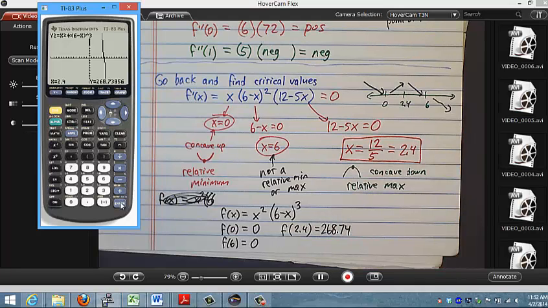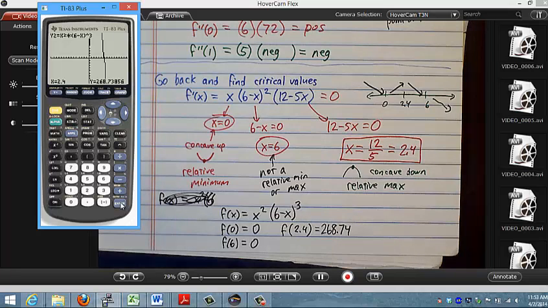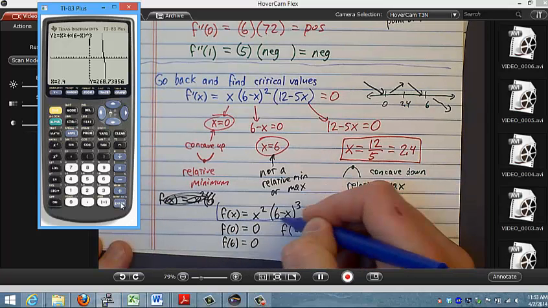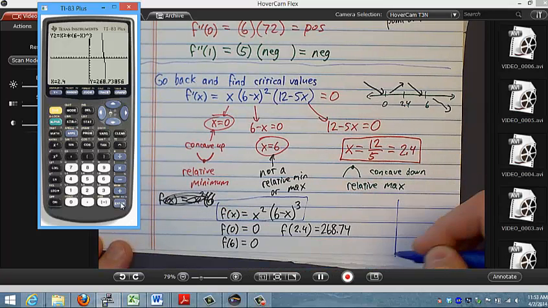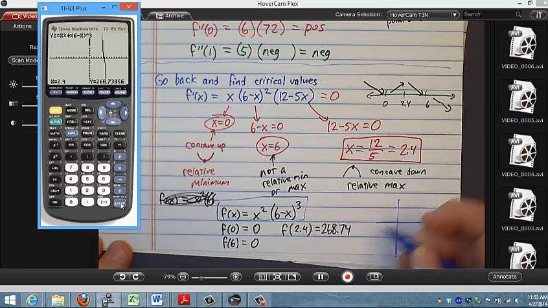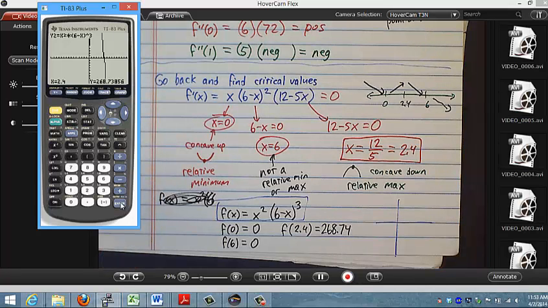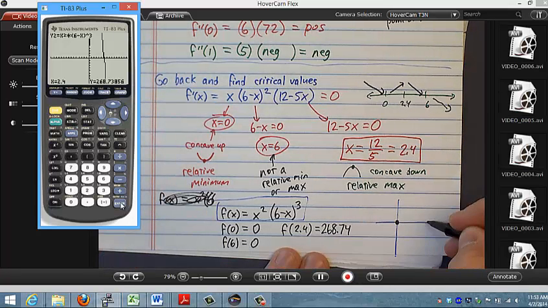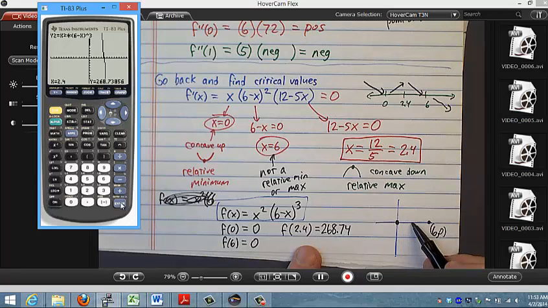Now, if you want to know why this graph was so ugly, that's why. Because here's what it looked like. If I were going to graph the function, it's like this. It goes through 0, 0. It goes through 6, 0. But then it goes through 2.4, comma, way up there somewhere, right?